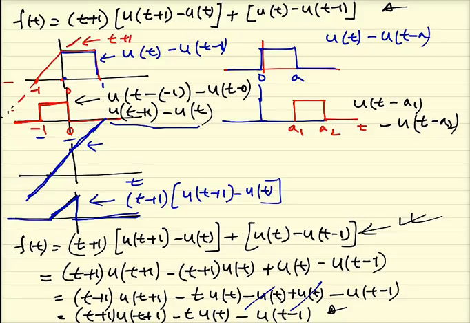Next we'll do the ramp signal. That will be the last example of signal modeling. If you want to draw the ramp signal, let me draw it first, then I'll explain. This signal increases with unit slope, and you use the notation r(t). Like u(t) is the unit step signal, r(t) is what we call the ramp signal.